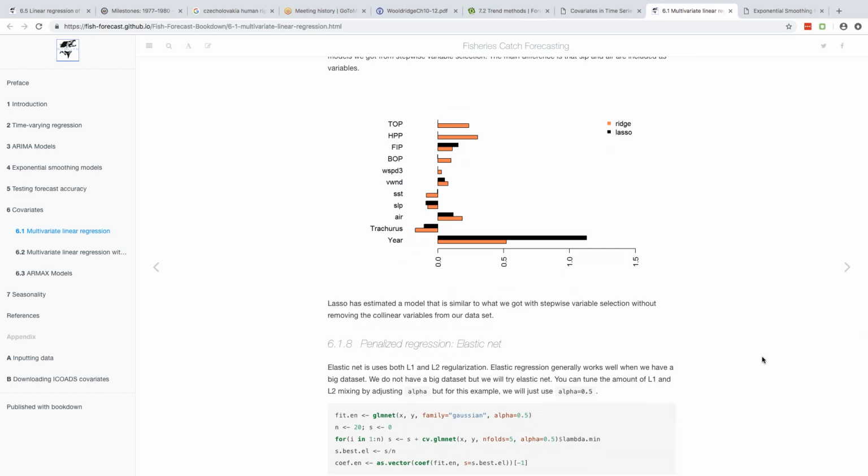So it has a little bit of the features of stepwise variable selection. In stepwise variable selection, you get rid of variables. Ridge selection, you don't. So lasso has some of the features of both. So here, black is the lasso, and the orange is the ridge. And you can see in the lasso, we've gotten rid of those two up there that were highly collinear.